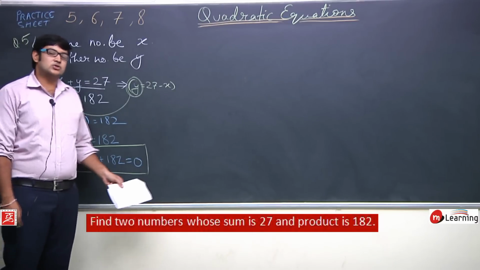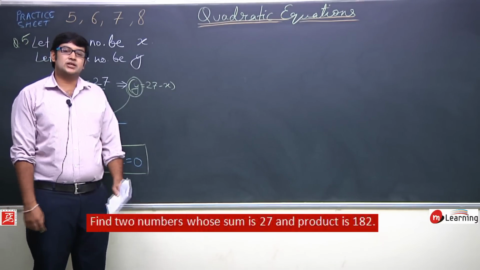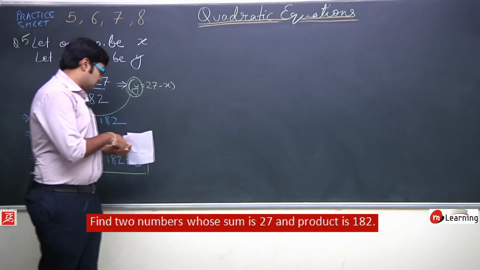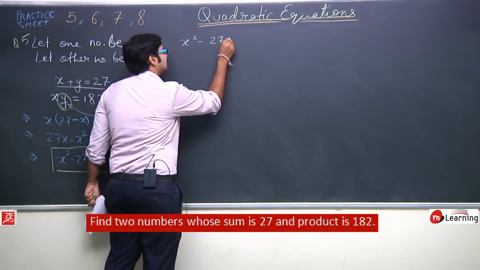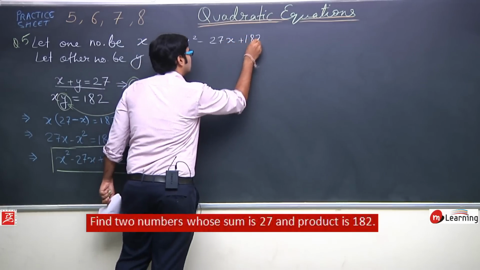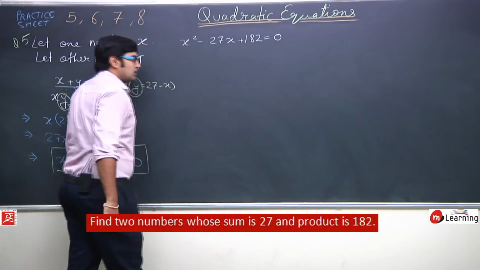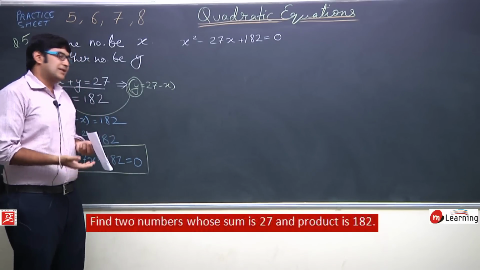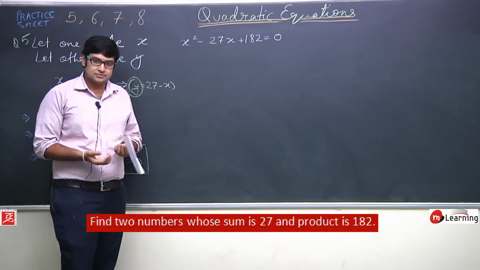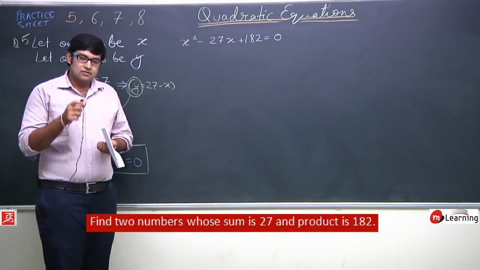So let us try to solve this quadratic equation by the method of factorization. So our quadratic equation is x square minus 27x plus 182 equals 0. Now, how do we need to solve this quadratic equation? By which method? Definitely by factorization. Factorization method के लिए what we need to do?